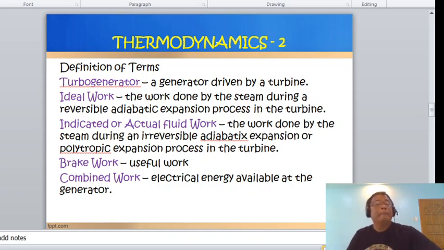Indicated or actual fluid work: the work done by the steam during an irreversible adiabatic expansion, adiabatic not adiabatics, a typographical error, or polytropic expansion process in the turbine. Another is the brake work, which is the useful work. And combined work is the electrical energy available at the generator.